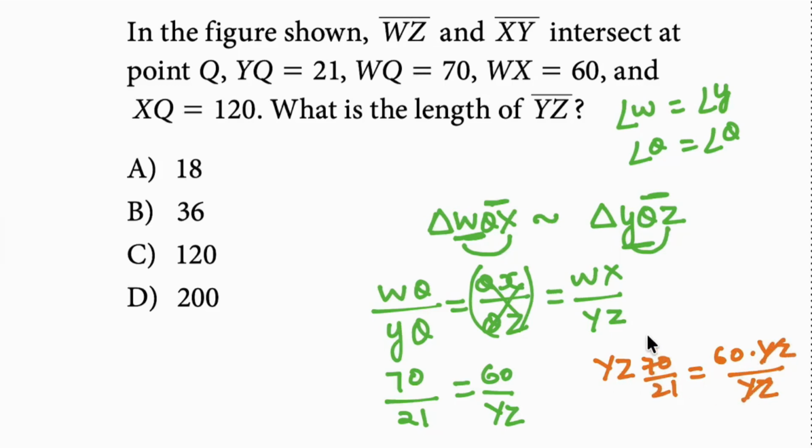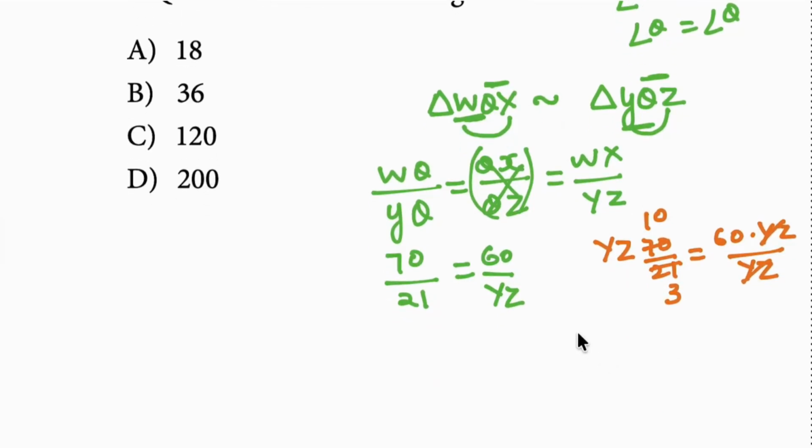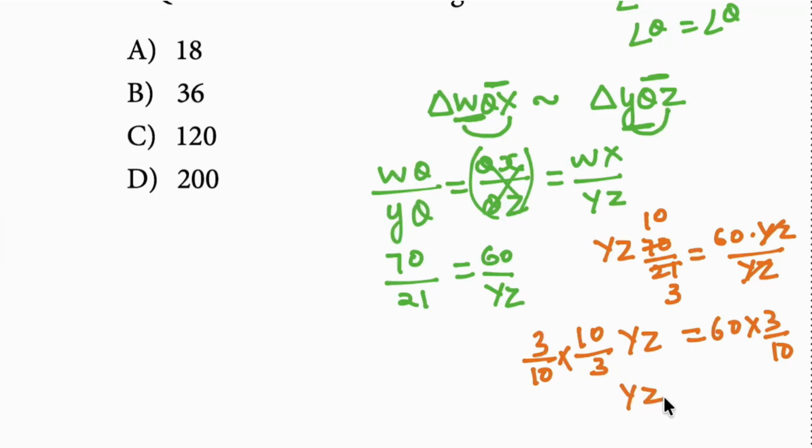Now if I cancel this, 7 tens are 70 and 7 threes are 21. Okay, so 10 by 3 YZ is equal to 63. Let's multiply by the reciprocal on both sides because we need to get rid of this 10 by 3 and we need YZ. So YZ is equal to 6 times 3, which is 18. So A is the right option.